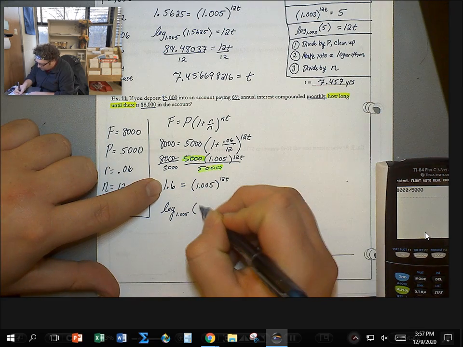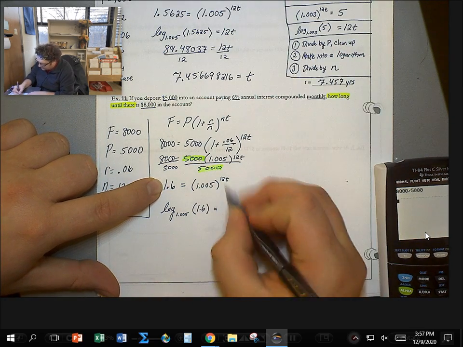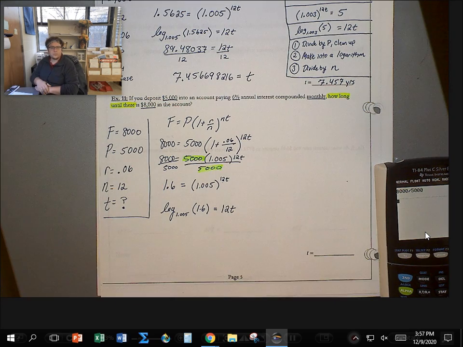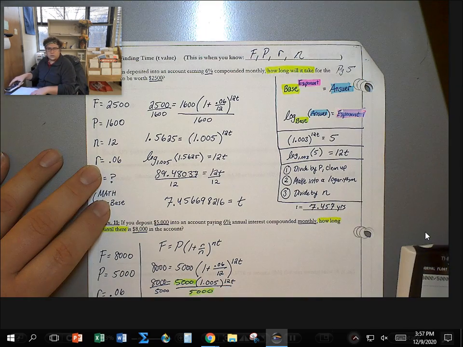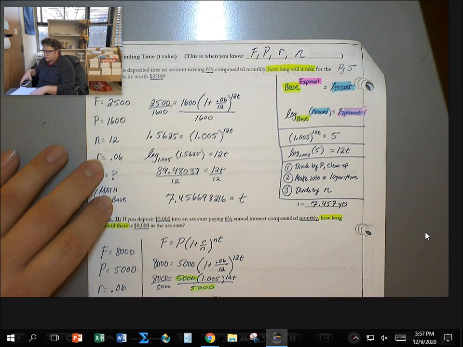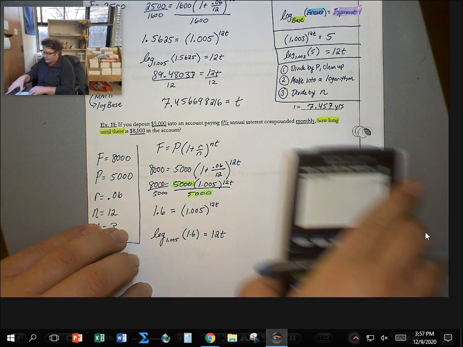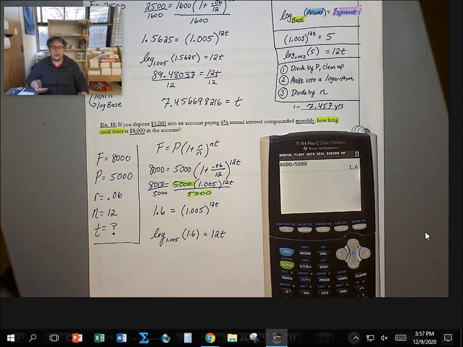The answer is the 1.6. And then this is all equal to the exponent, and in that case, it's 12t. So that is how to change from an exponential equation to a logarithmic equation. And if you need to see that again, also you can look up here. Make sure you got that in your notes, okay? So there's many ways to go figure that part out again. You can also look back in Desmos from day 4. We have some good examples of how to do that.